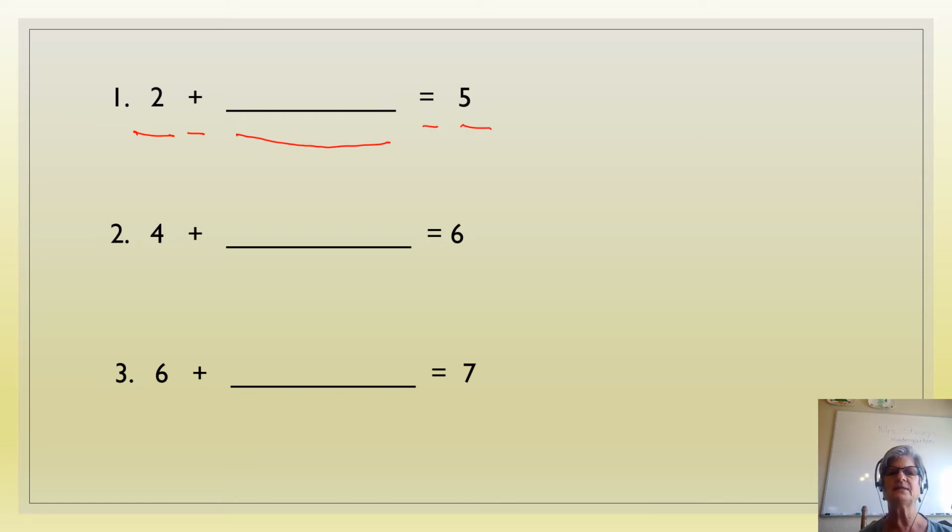To copy means to do the same thing that I just did. Copy what I have done, please. So on your piece of paper, you write the number 2, then you write the symbol plus, then you just draw a flat line and put equal, and then put 5.